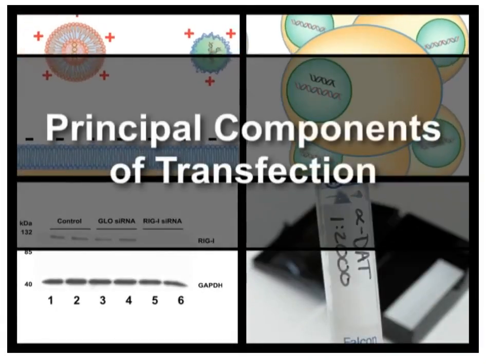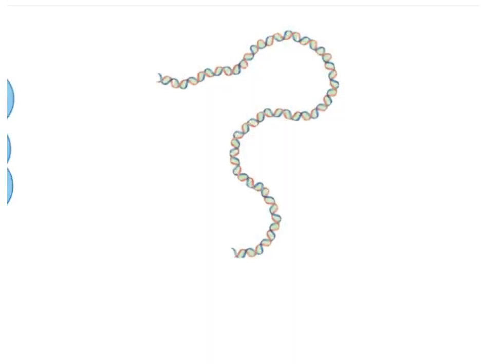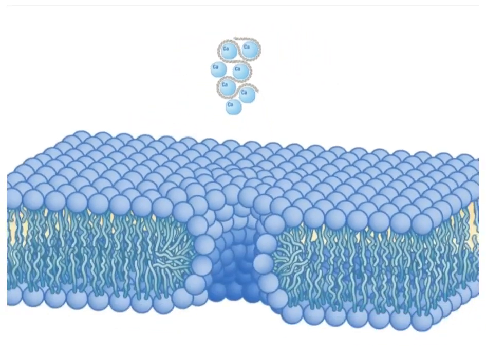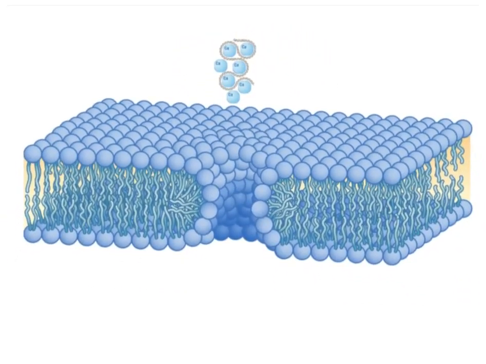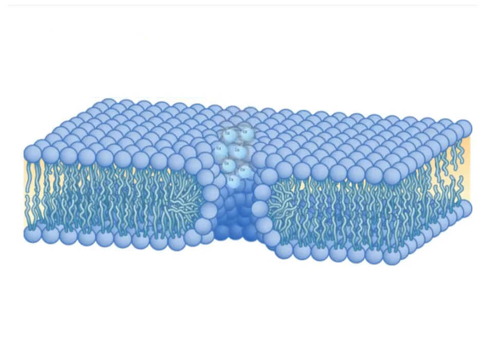The underlying principle of all the chemical transfection methods is similar. They all make use of positively charged carrier molecules that complex with nucleic acids to package them for cellular delivery. These carrier molecules overcome the negative charge of the cell membrane barrier, which allows them to pass through the membrane to deliver their contents.